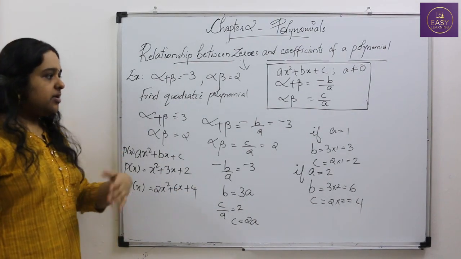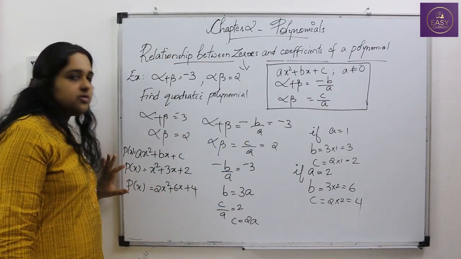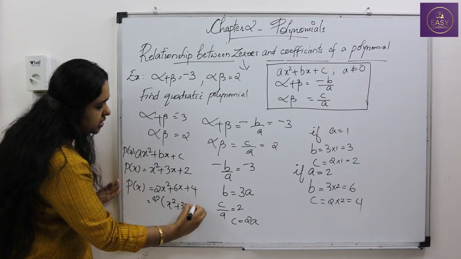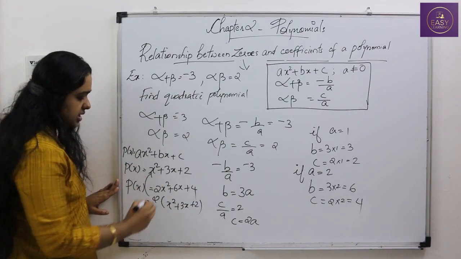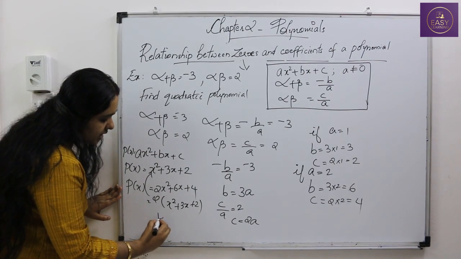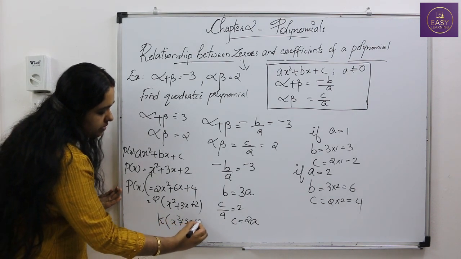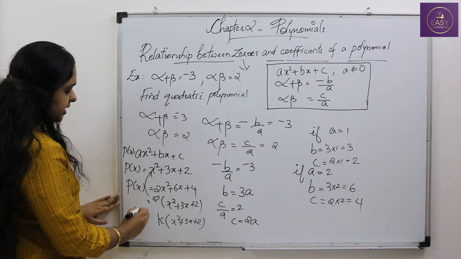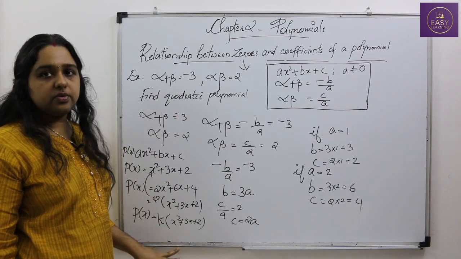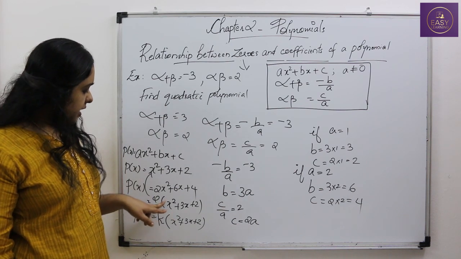Isn't it? Whenever we substitute different values of a, our quadratic polynomial also changes. Suppose we take 2 out from this, it becomes x square plus 3x plus 2, the same as before. That means we are multiplying a constant with the polynomial. So in general, we can say P of x equals k into x square plus 3x plus 2. This k will be a multiple of a.